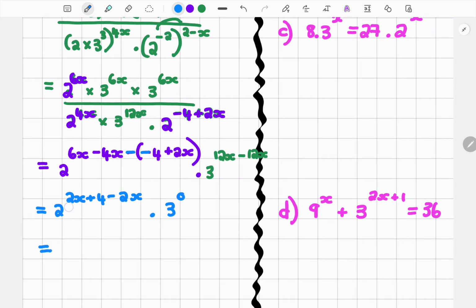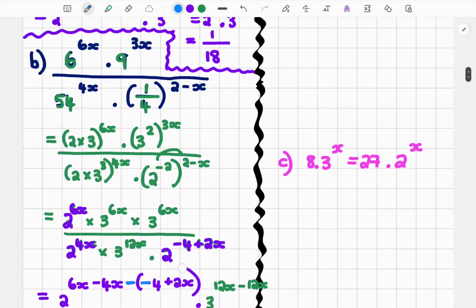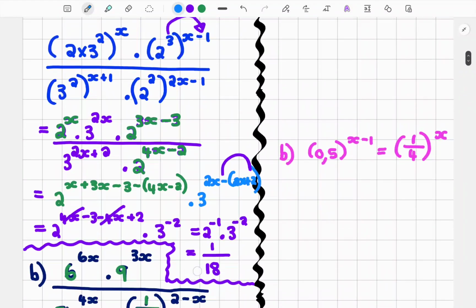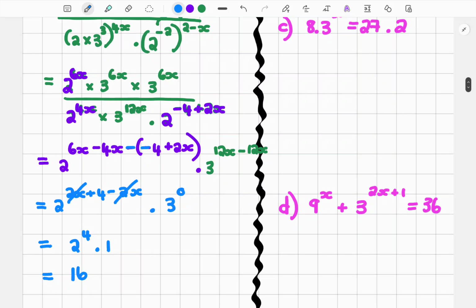So 2 to the power 2x minus 2x falls away, so it's 2 to the power 4 times 1, which will give you 16. 2 to the power 4 is 16. And there you have it. Okay, so those are the prime bases. I just used 2, and I know it takes long, but it's just step for step. It's just meticulous work to make sure that you do not make a mistake somewhere.